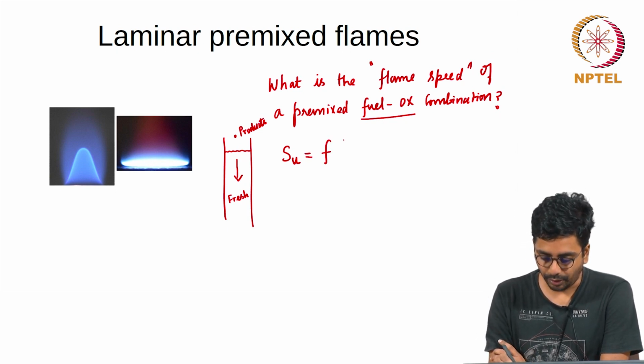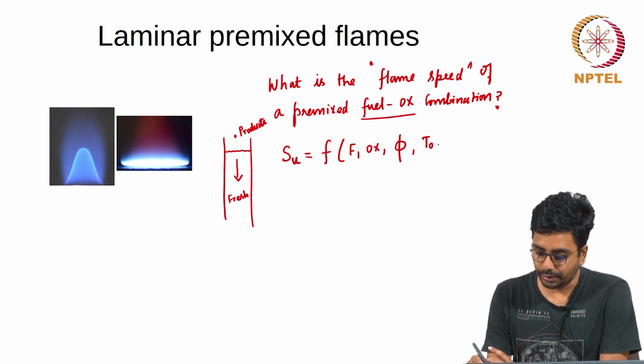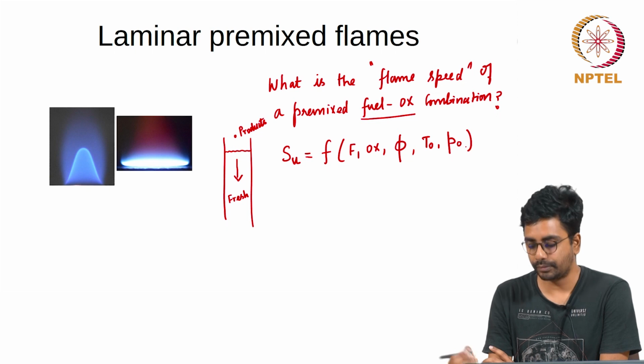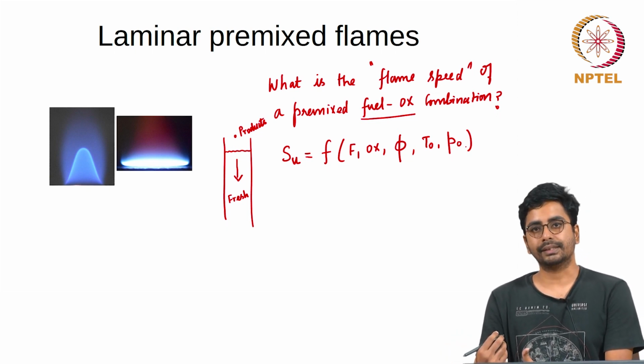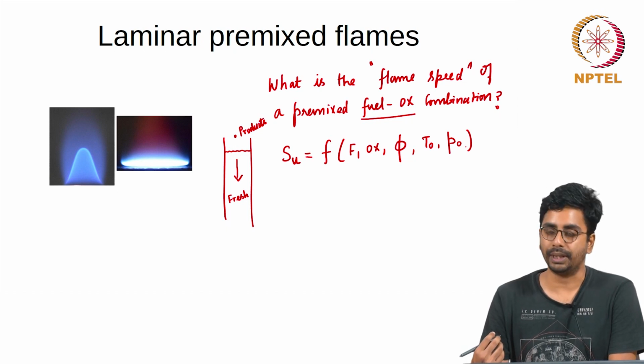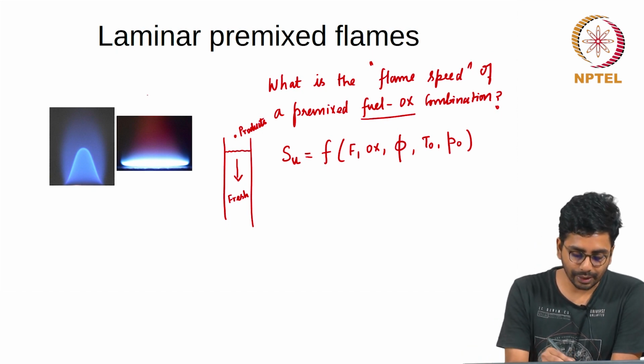It is a function of the fuel oxidizer, the equivalence ratio or the ratio in which it is mixed, and the initial temperature and pressure. Okay. We found that this is a characteristic property, and there are several ways of measuring it, and one simple way is to use what is called a flat flame burner.